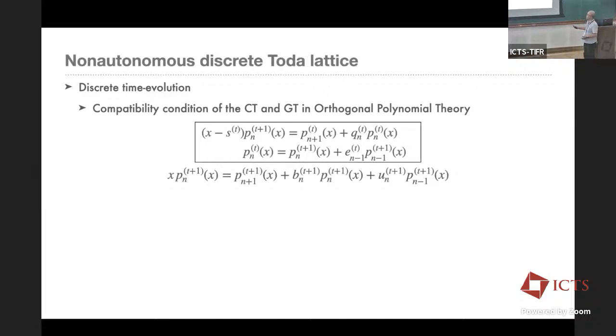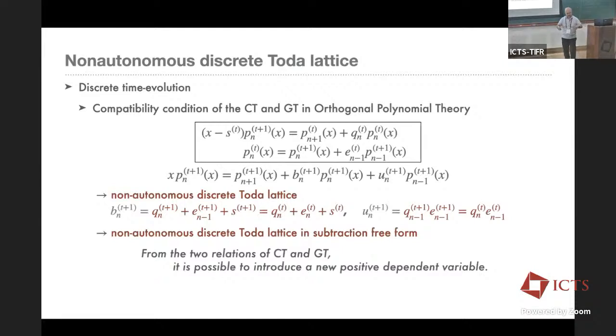Together with these two equations, we can obtain the three-term recurrence relation. Or inversely, the three-term recurrence relation can be decomposed into these two types of spectral transformation. This corresponds to a decomposition of the tridiagonal matrix into upper bidiagonal and lower bidiagonal matrices. This is the meaning of this transformation.